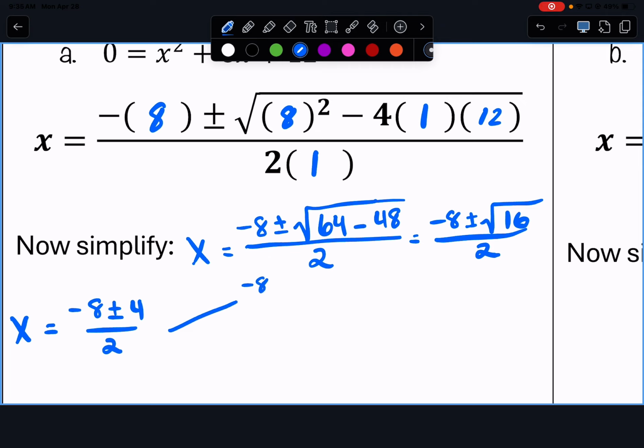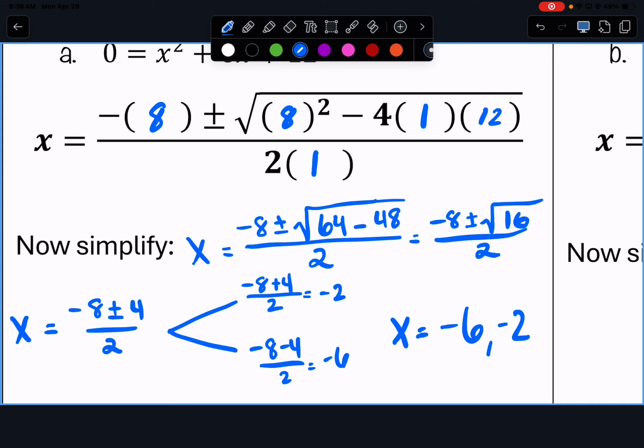We have negative 8 plus 4 divided by 2. What is negative 8 plus 4? Negative 4. What is negative 4 divided by 2? Negative 2. Then we have negative 8 minus 4 divided by 2. What is negative 8 minus 4? Negative 12. Negative 12 divided by 2 is negative 6. So the answers are negative 6, negative 2.